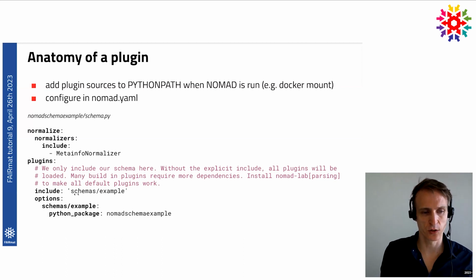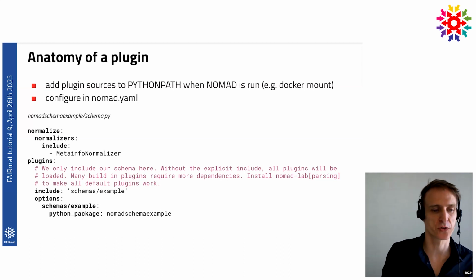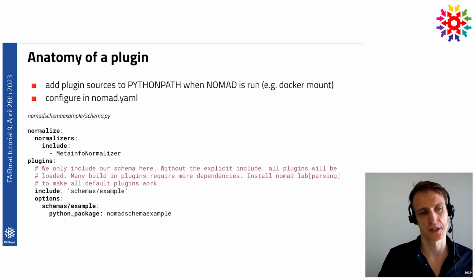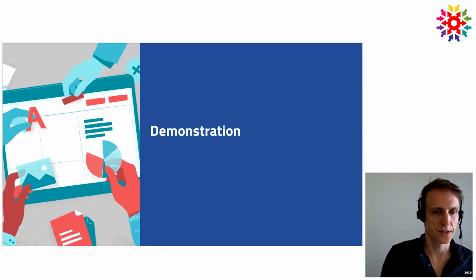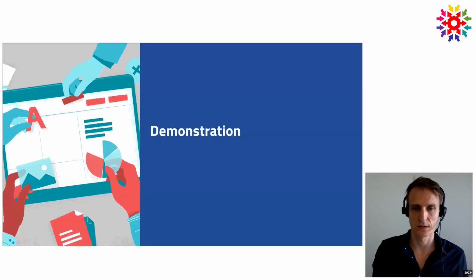And then we have this include option. There's an opposite one, the exclude option, that you can use to define a list of plugins that you want to have enabled or not have enabled.